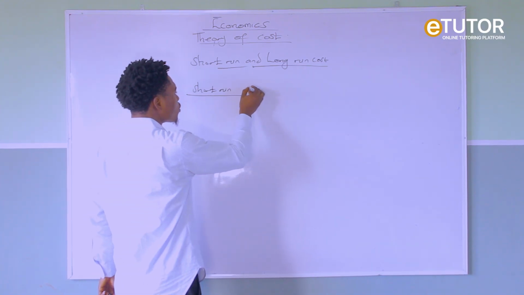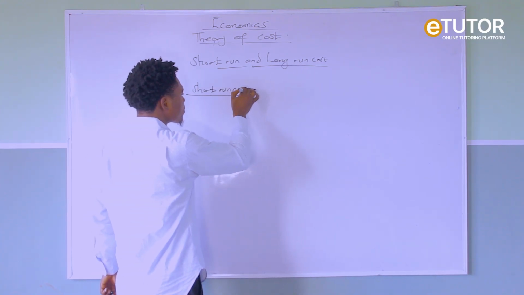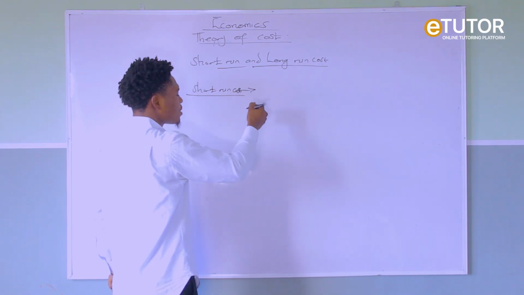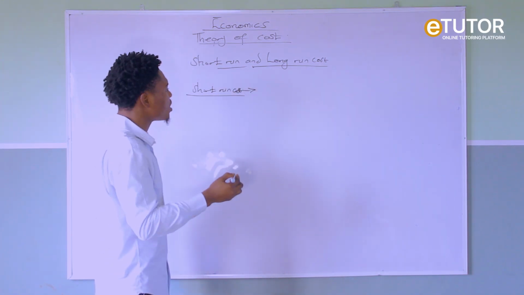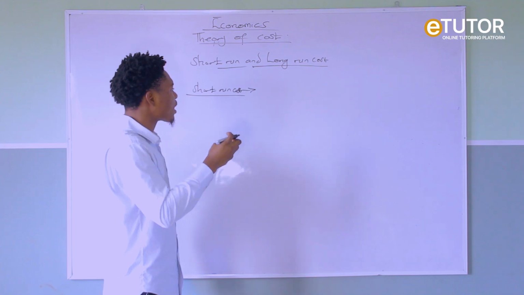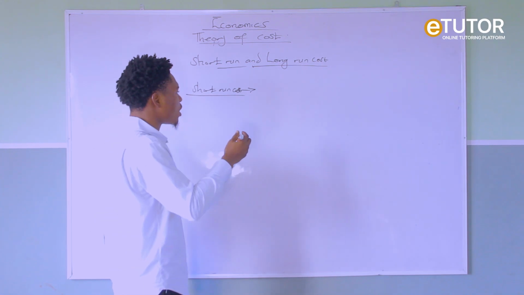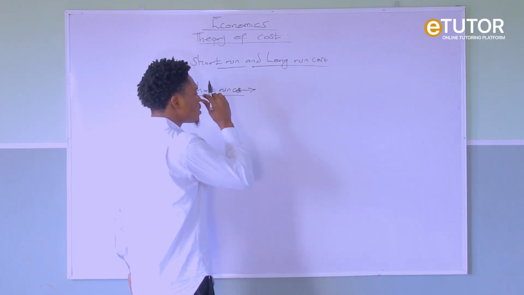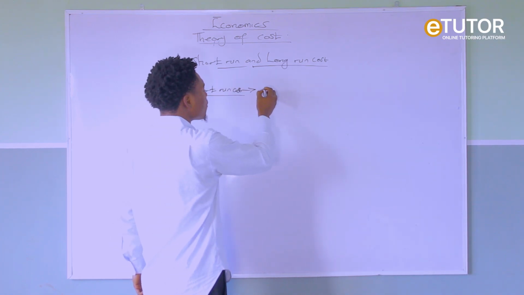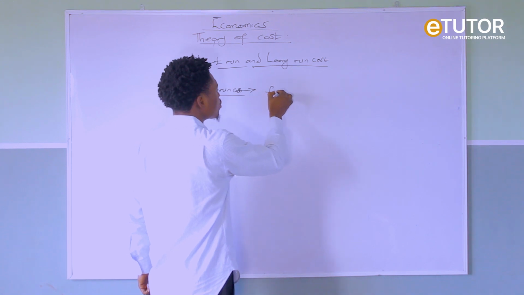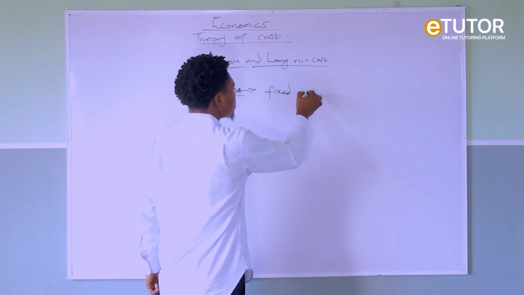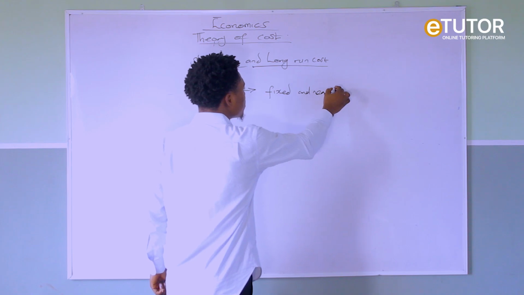So we say a short run cost is the cost that is spent during the period in which a firm cannot vary all its productive inputs. In a nutshell, a short run cost simply means money incurred when factors of production are divided into fixed and variable.